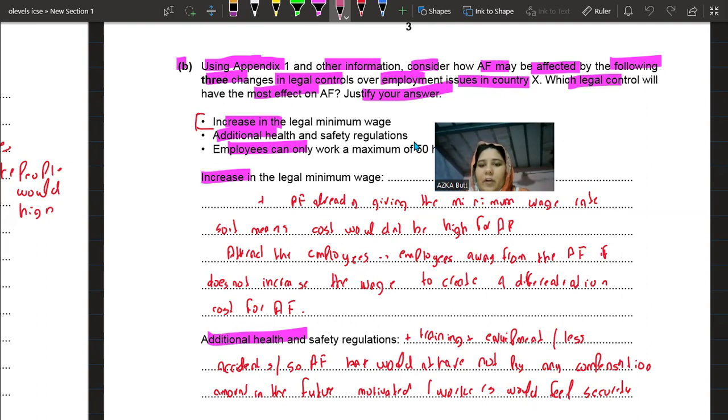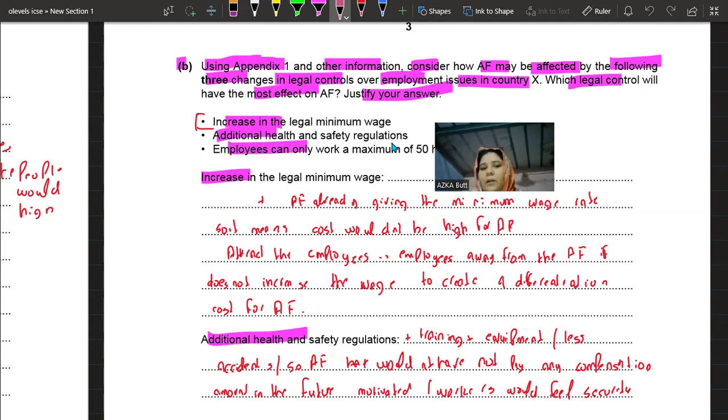For example, in an MNC, if an accident happens in your production department, you have to compensate by giving some amount, some health benefits, and maybe support their family. So it can cost you a lot in the future.